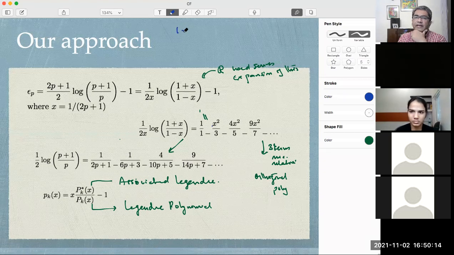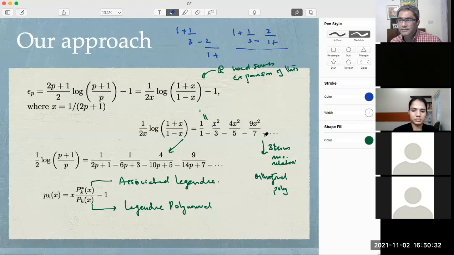So instead of writing 1 plus 1 over 3 minus 2 plus 1, something like that, I just put it in the denominator. This 2 I bring upstairs. That's all. We are just trying to flatten it. Okay. All right, thanks.